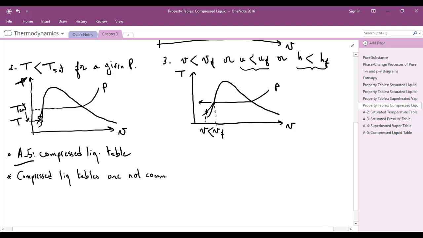So if you notice in the attached file of thermodynamic tables that come along with this course, you will only find a compressed liquid table for water, but you will not find this table available for other substances.